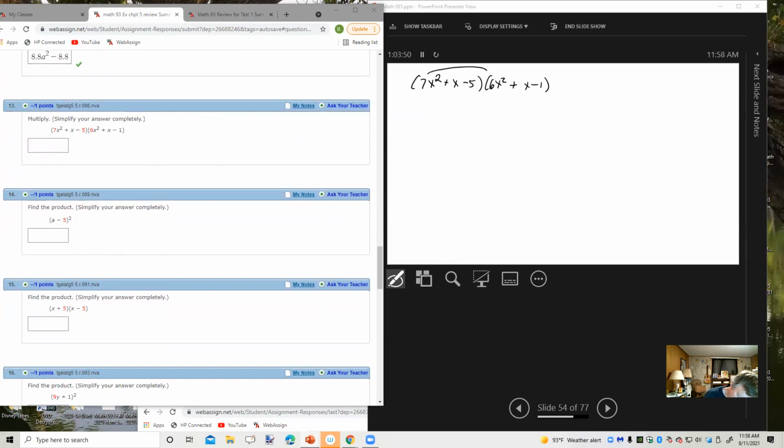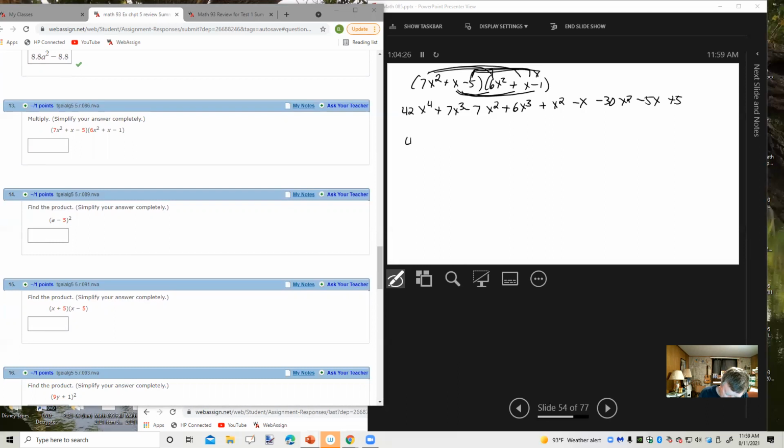So we're going to get 42x to the 4th plus 7x cubed minus 7x squared plus 6x cubed plus x squared minus x minus 30x squared minus 5x, minus times minus, plus 5.